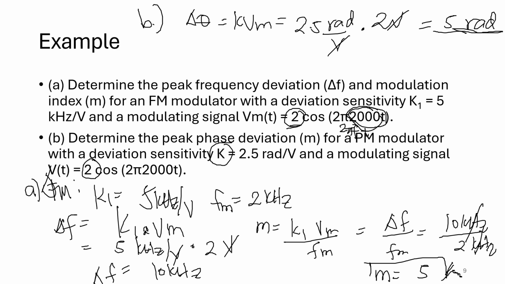Because from the previous table, we found out that the modulation index for phase modulation is just equal to our peak phase deviation. Take note that their modulation index became the same, and your modulation coefficient here is unaffected by the modulating frequency, which is 2 kilohertz.